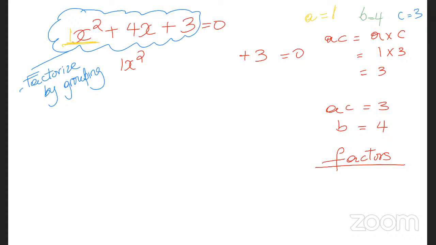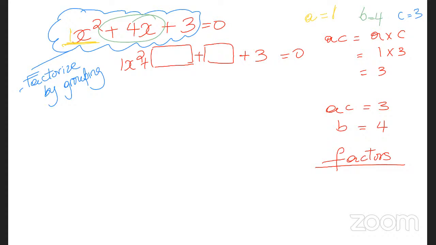Good? We're going to replace now this positive 4x with 2 other terms. So instead of having 4x, we're going to end up with 2 terms, right?